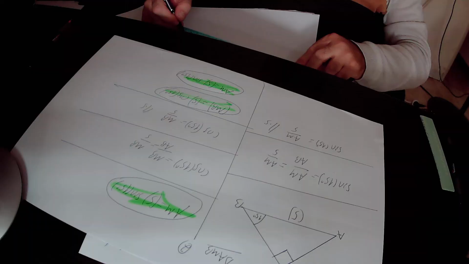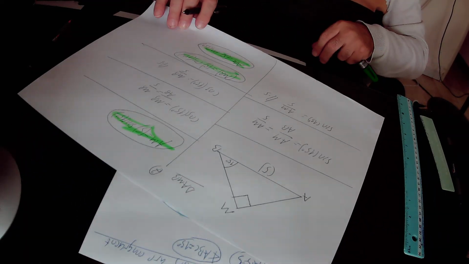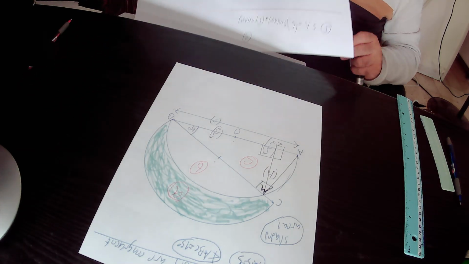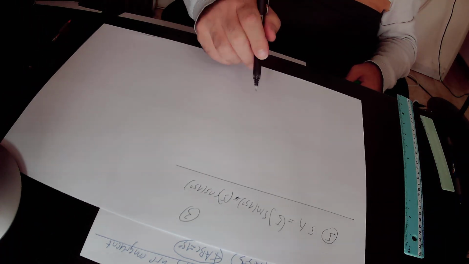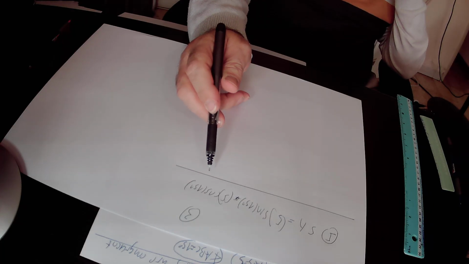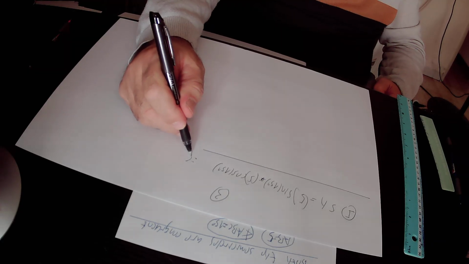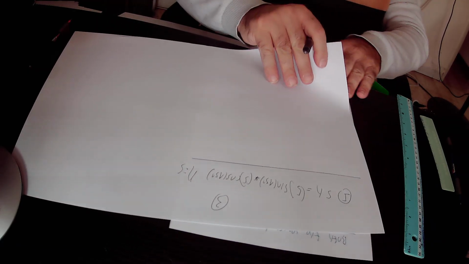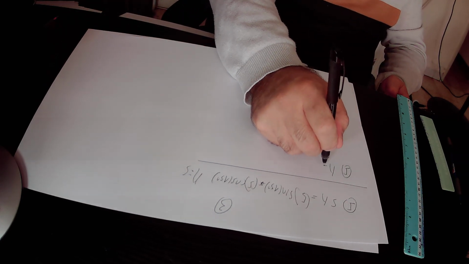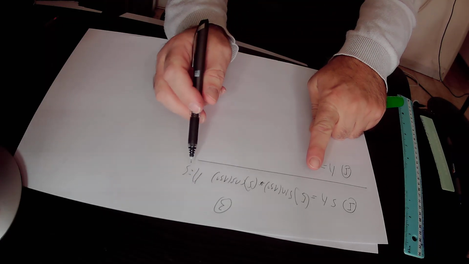So in total, we found out that according to equation 1, 5H equals 5 times sine 15 degrees times 5 times cosine 15 degrees. Here we will divide this equation by 5 and finally get that 5H over 5 is H and it equals, here we have 5 times 5 is 25 and 25 over 5 is 5.